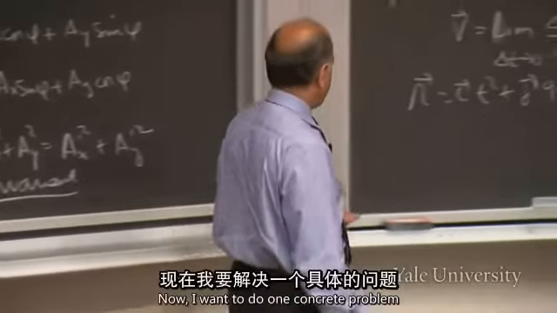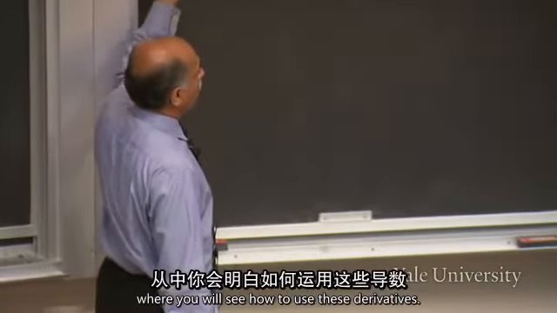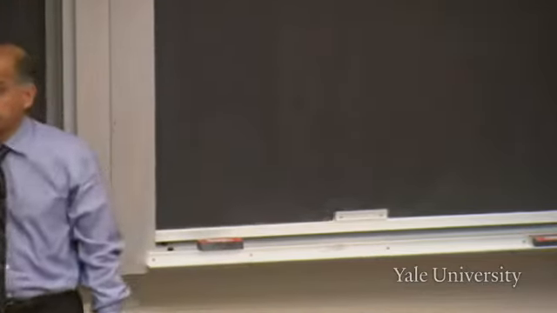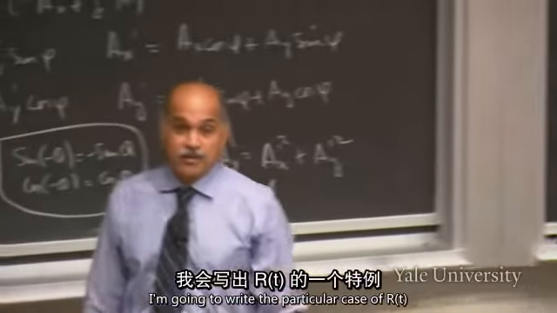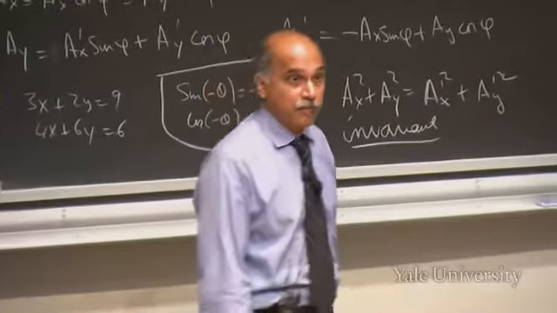Okay, so now I want to do one concrete problem where you will see how to use these derivatives. I'm going to write the particular case of r of t and take derivatives, and we'll get a feeling for what's going on.